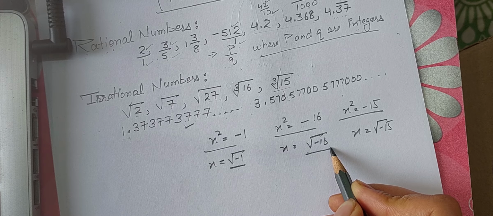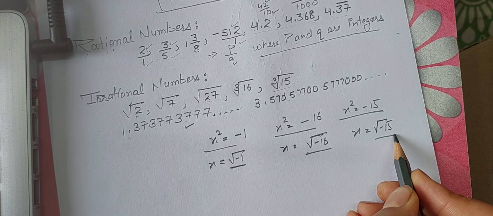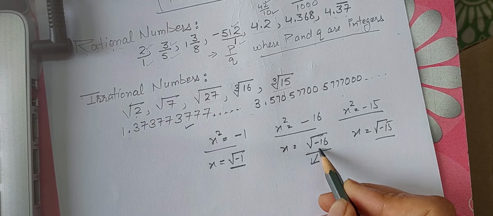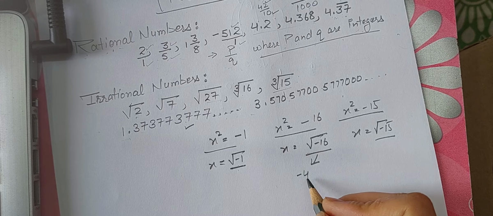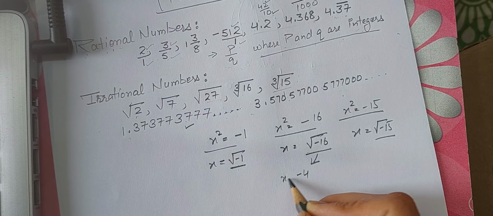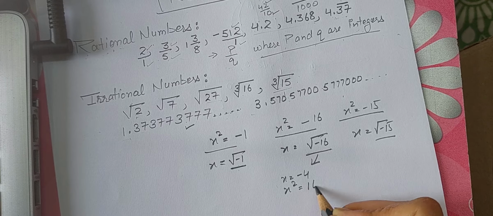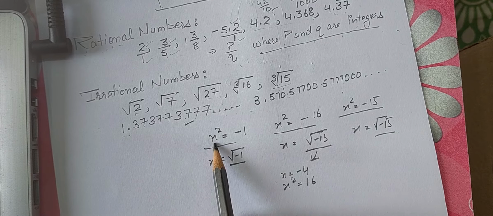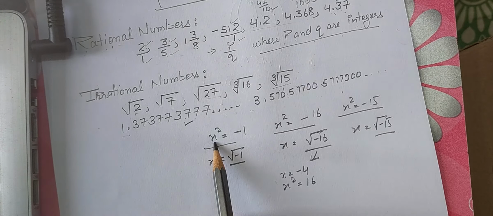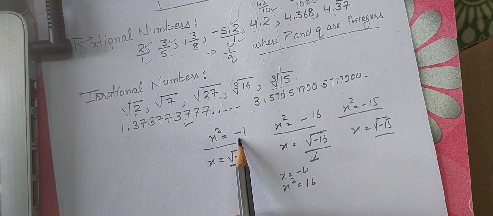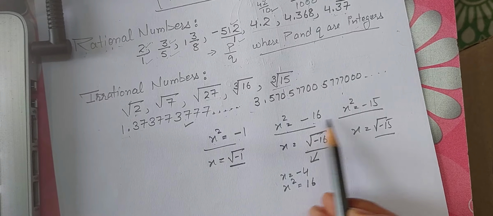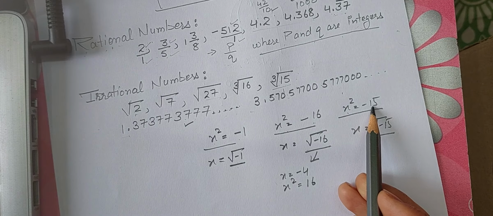Square root of -16, and square root of -15. If you are thinking, yes ma'am, this exists, it is minus 4, that is wrong, because if x equals minus 4, then x square is going to be positive 16. So the square of any number, whether positive or negative, can never be minus 1, minus 16, or minus 15.